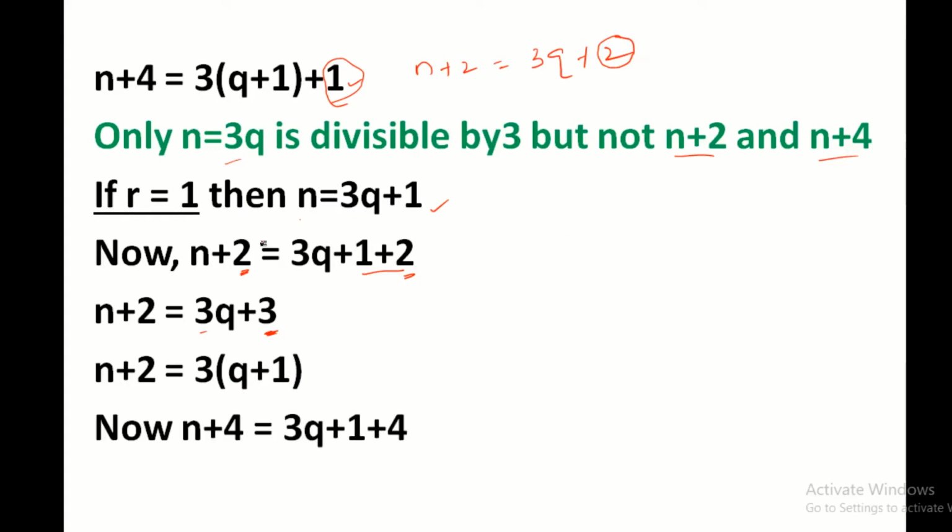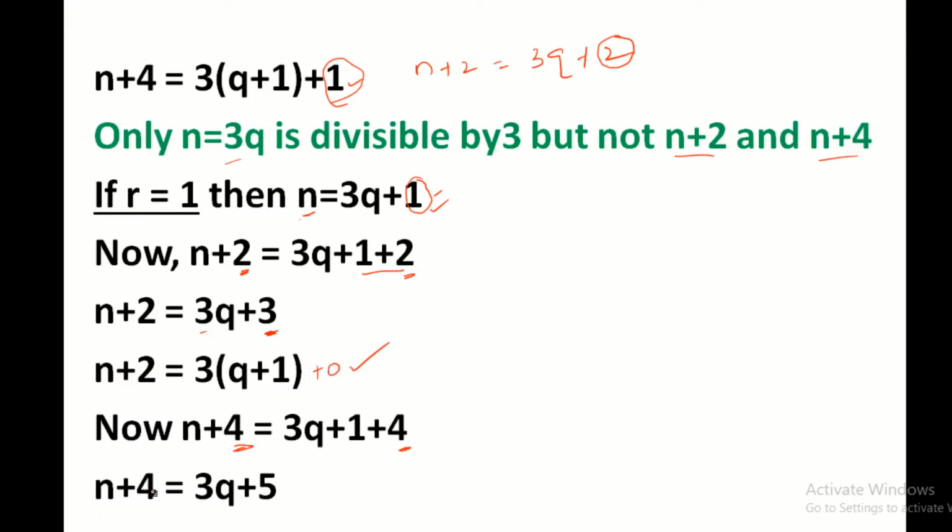So let's see about n plus 4. Our value here is n is equal to 3q plus 1. So for that value, I am adding 4 on both sides. Then this becomes n plus 4 is equal to 3q plus 5. So we will see the three numbers. In the first case, n value has a remainder 1, so it is not divisible. n plus 2 has no remainder, so it is divisible.